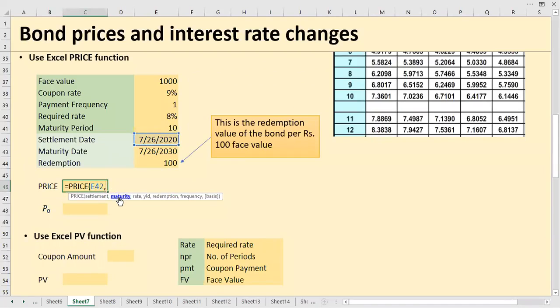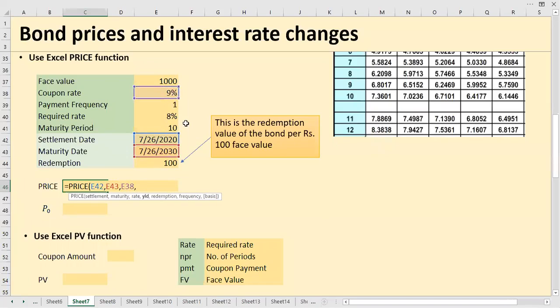Then the rate. Rate is what we are receiving as the coupon rate.